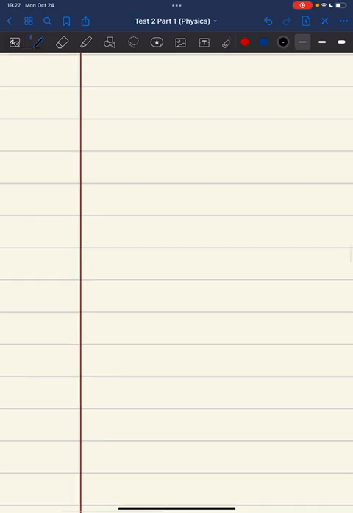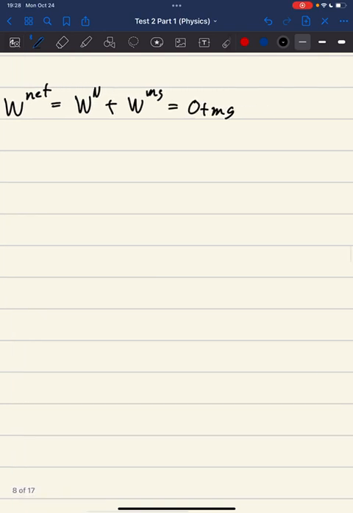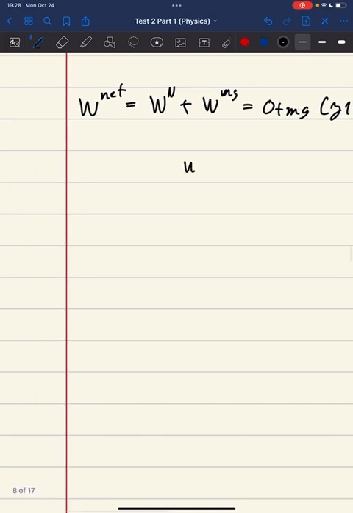So we're gonna draw like this because we have the N and we have mg equals 0 plus mg. This was from our previous part B, and we get the net work is equal to the change of kinetic energy.